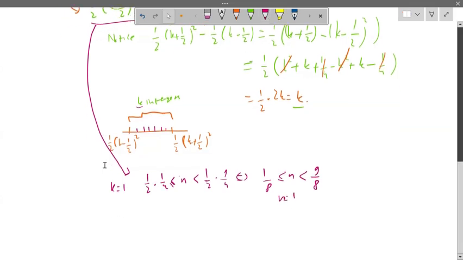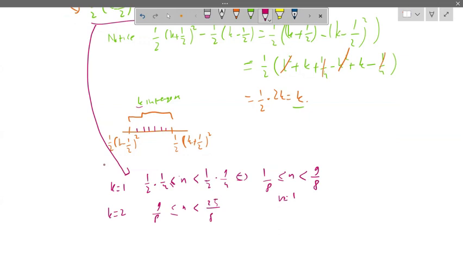If you plug in k equal to 2, then the lower bound should be equal to the upper bound of the previous value, so it's 9/8. And then the upper bound is going to be 1/2 times 5/2 squared, which is 25/4. Then you multiply by 2, you get 25/8.